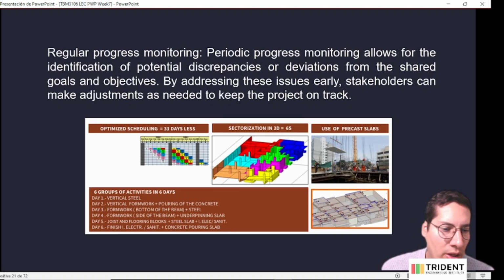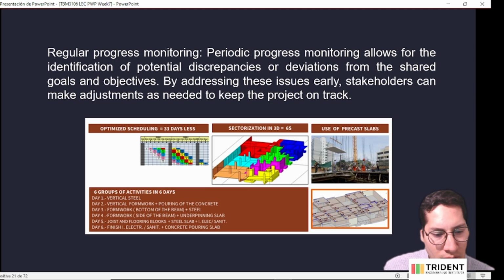And as you can see, on day 1, you have the vertical steel. On day 2, you have the formwork and pouring the concrete. Day 3, formwork the bottom of the beam and steel. Day 4, formwork on the side of the beam and underpinning the slab. Day 5, joist and flooring blocks, plus the steel slabs and electrical and sanitary discipline.